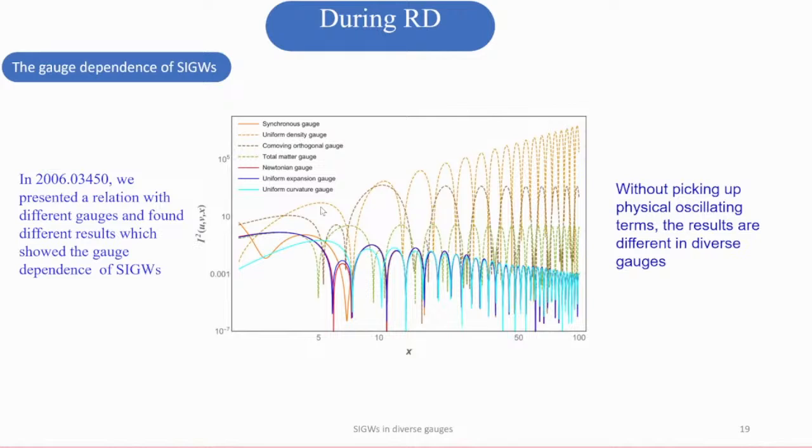So from a physical point of view, the energy density should not depend on the background or on any coordinate system. Basically, this is a coordinate system; different coordinate systems are what we mean by the gauge. So from the physical point of view, this result should be the same. This is the main point.